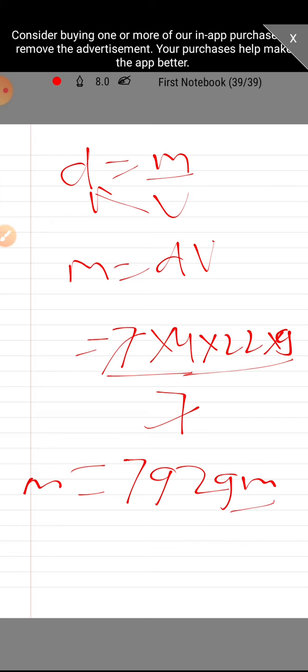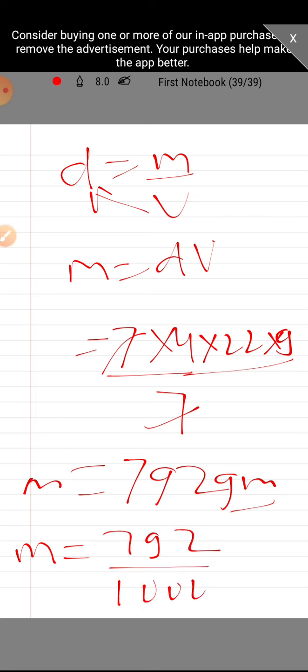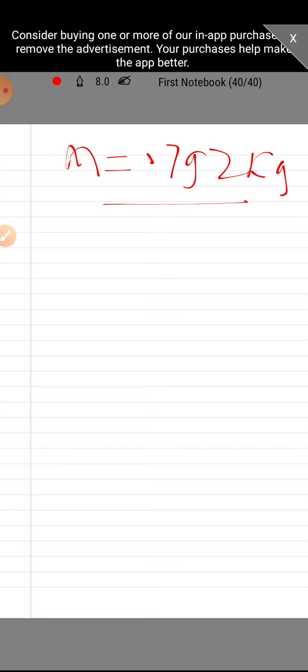Now if you wish to calculate mass in kilogram, then 792 divided by 1000. Now this will come in kg. So your mass will be equal to 0.792 kilogram. So this is the required answer of question number 12.